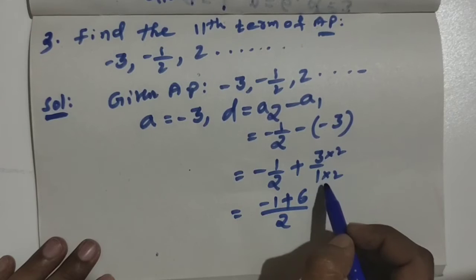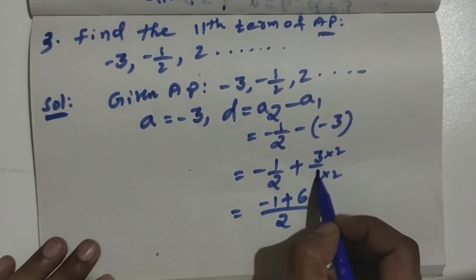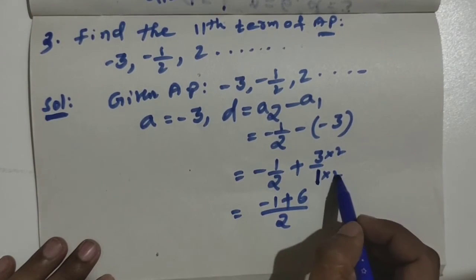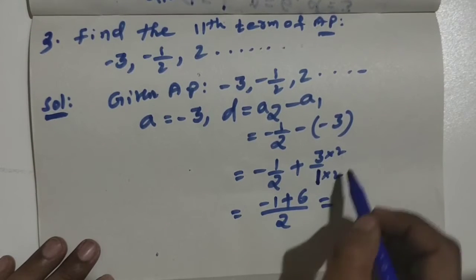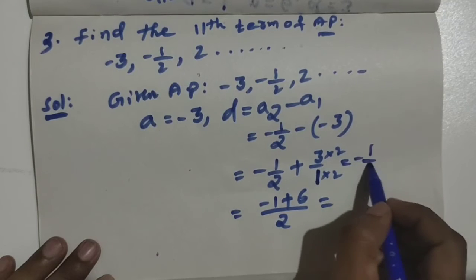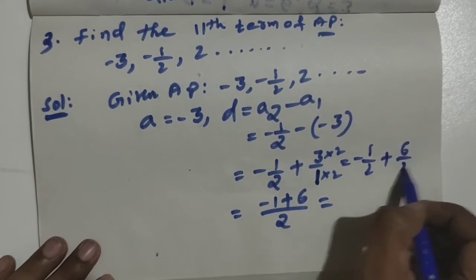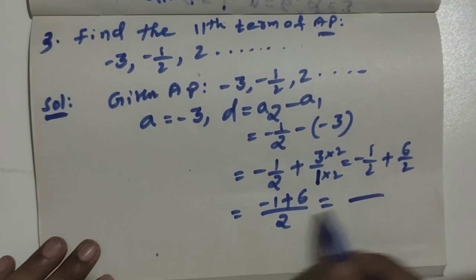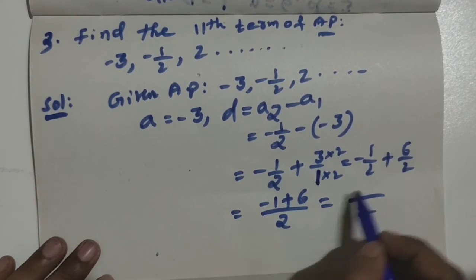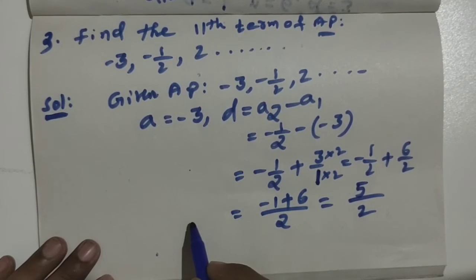So minus 1 by 2 plus 6 by 2, then we can easily add: minus 1 plus 6 is 5 by 2. So here it is D.